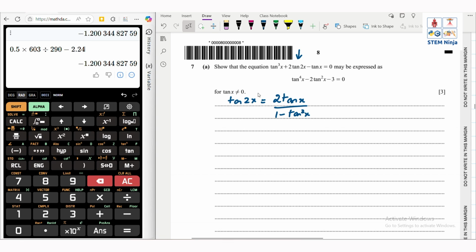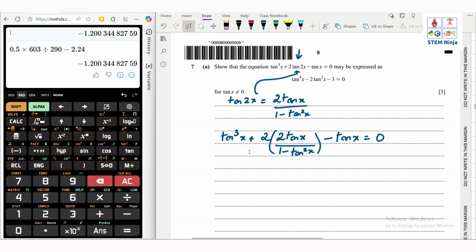That means when we plug this in, we get tan cubed x plus 2 times 2 tan x over 1 minus tan squared x minus tan x equal to 0.